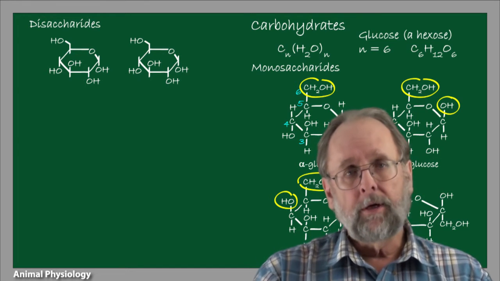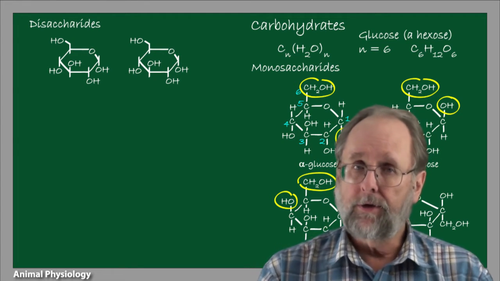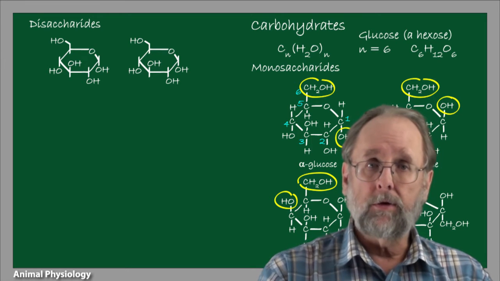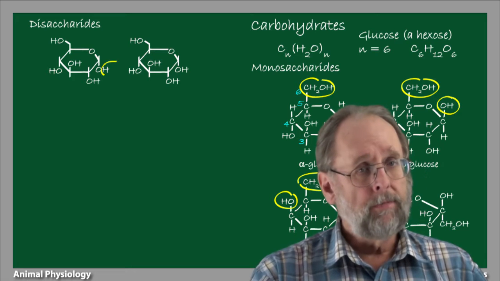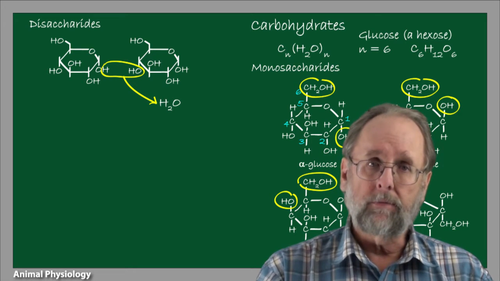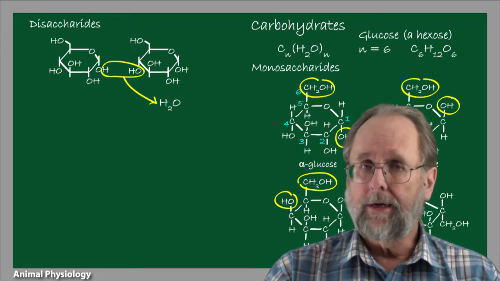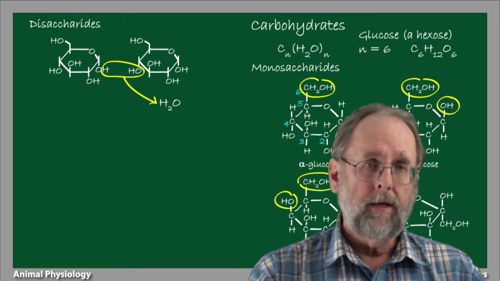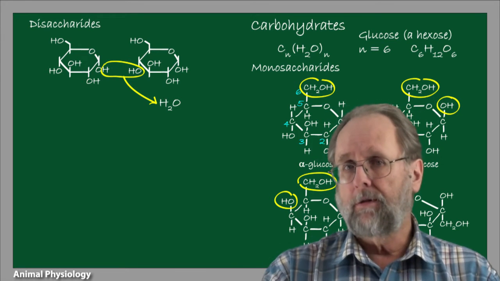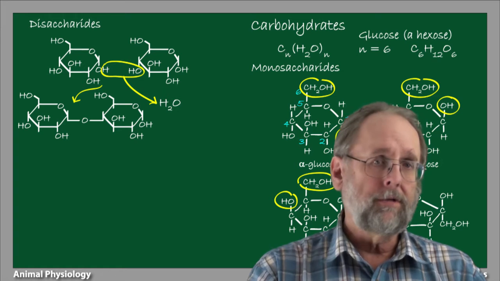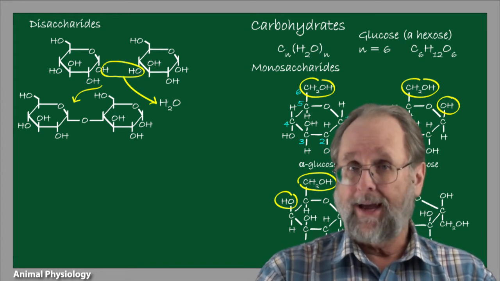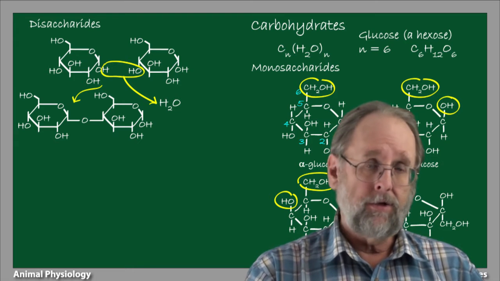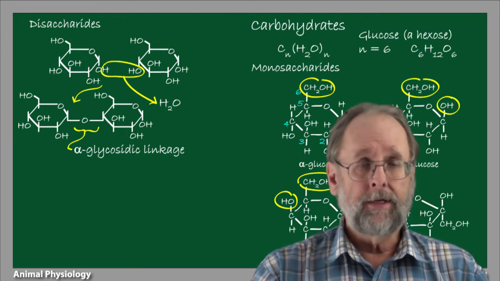Dehydration involves stripping away a hydroxyl and a hydrogen from the 1 carbon of one glucose molecule and the 4 carbon of another, which combine into a water molecule. This is where the term dehydration comes from. The 2 hexose molecules are therefore joined with a so-called glycosidic linkage. Because the linkage involves 2 alpha hydroxyls, this is known as an alpha glycosidic linkage.